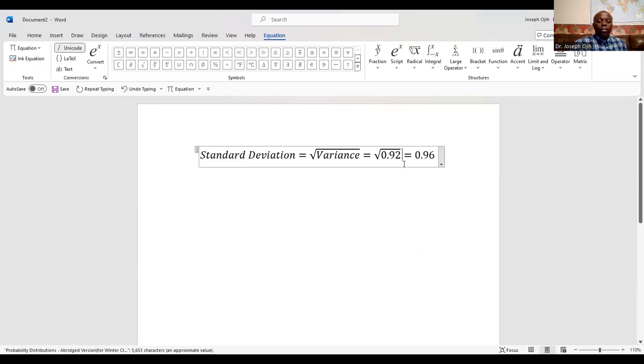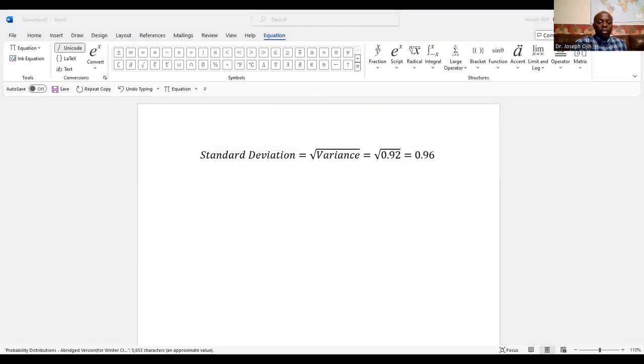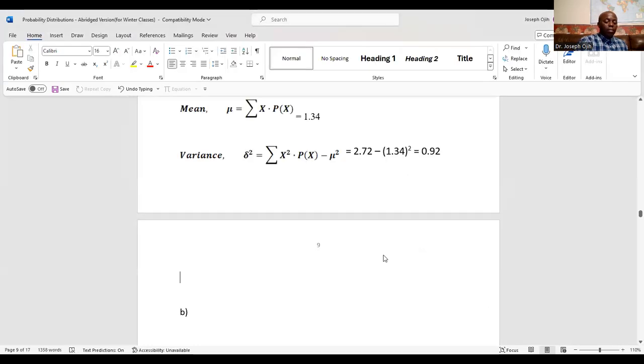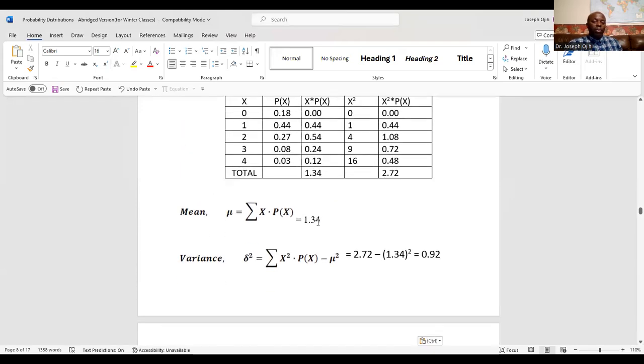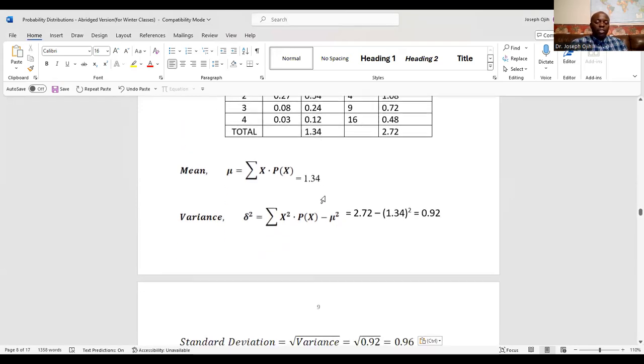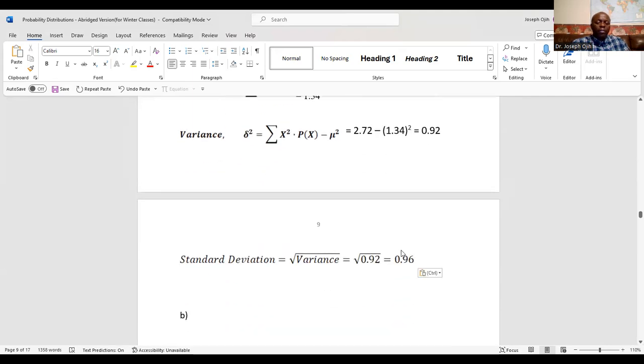I'm going to copy this and then paste it into our main workbook, which is this one here. So we have our mean as 1.34, which is the average, the variance as 0.92, and then the standard deviation is 0.96.